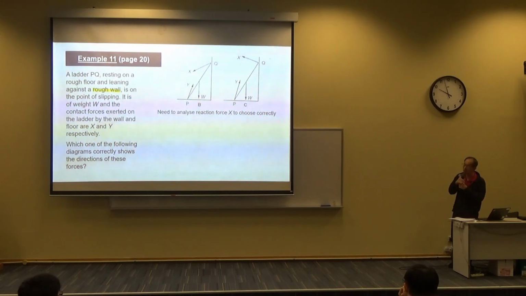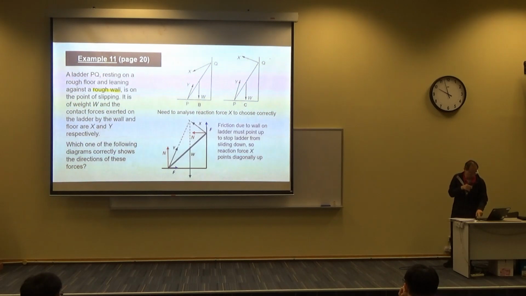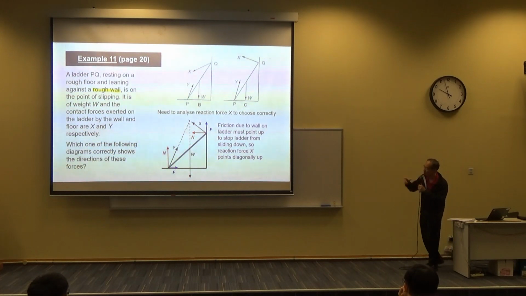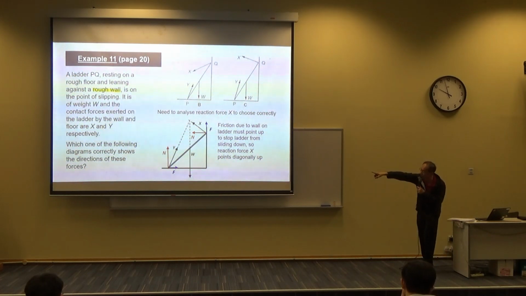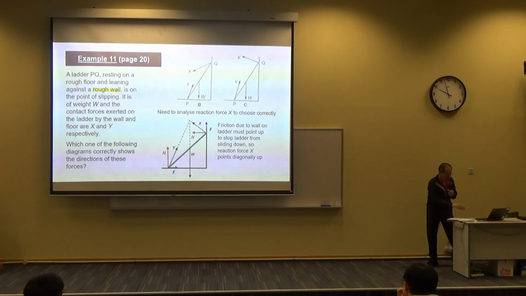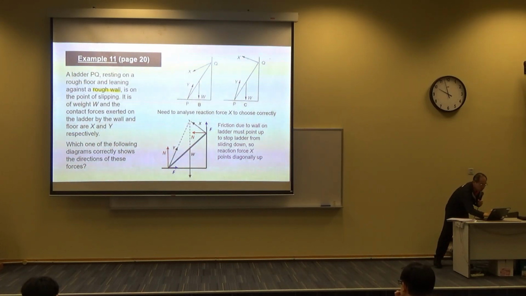Then you read the question, it says this thing is about to slide, therefore it must look like this. Because if the ladder were to slide, you can notice the bottom of the ladder must slide to the left. That means this ladder will go down this way.